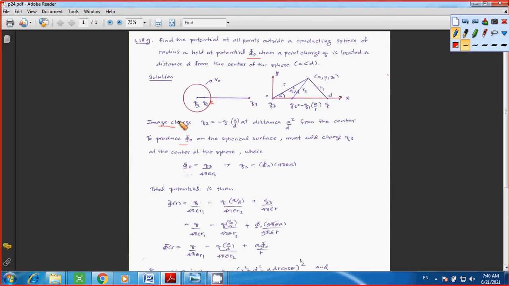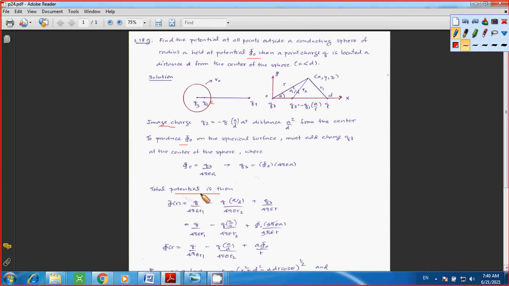You have the q3 at the center of the sphere, and you're looking for the potential at the surface. And that potential at the surface is going to be phi 0 equal to q3 divided by 4 pi epsilon a. Straightforward, right? a is the radius of the sphere. Then your q3 equals phi 0 times 4 pi epsilon a.